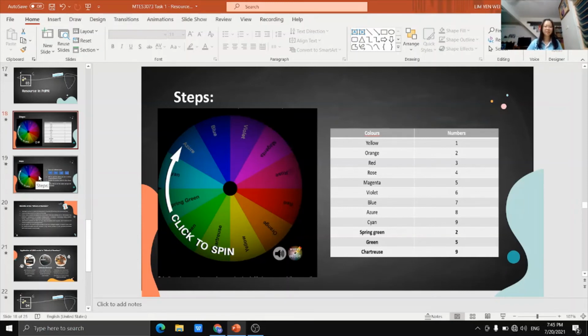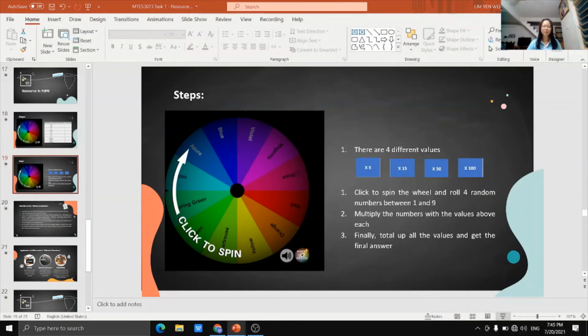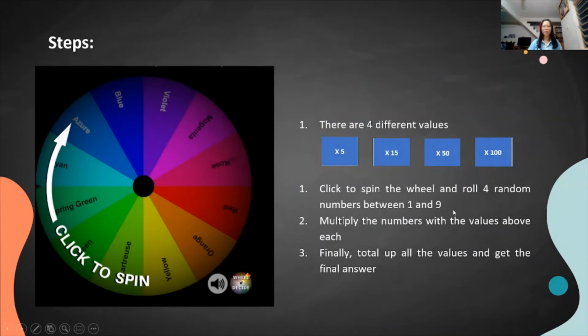So now I'm going to times these 4 numbers with these 4 card values, which is 2 times 5 will come up with 10, 6 times 15, which will end up in 90, 4 times 50, and 100 each, which will end up with 200 and 400 each.